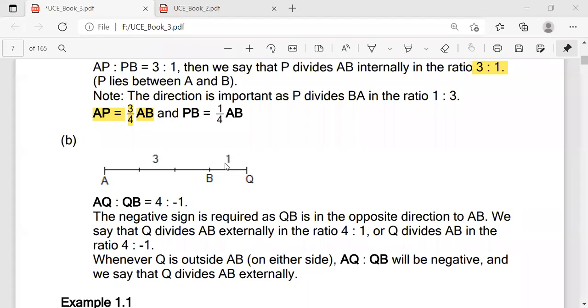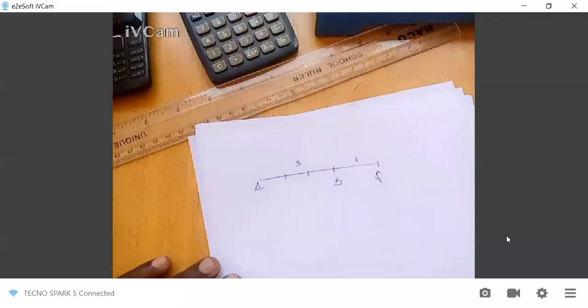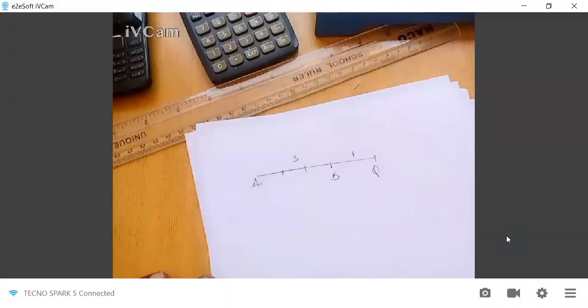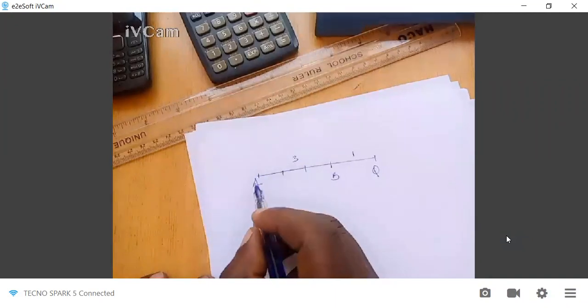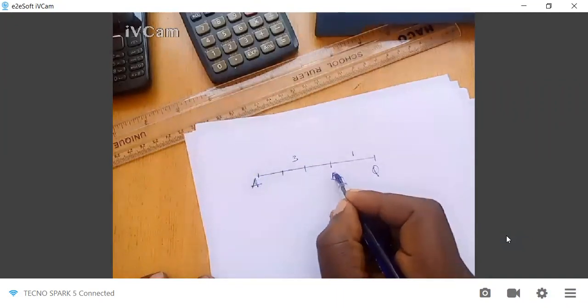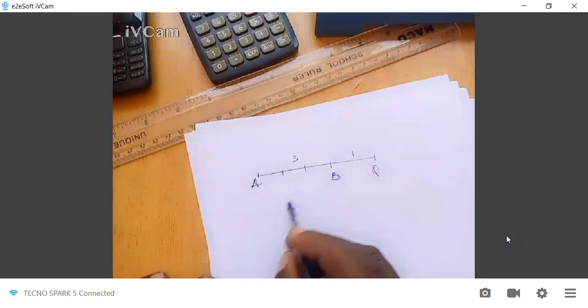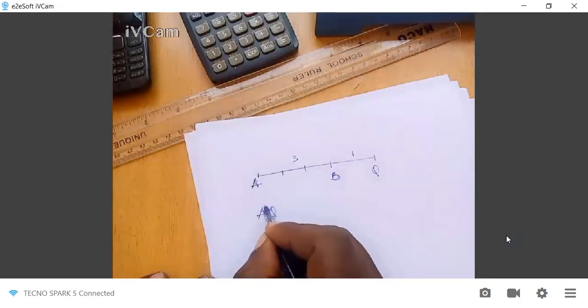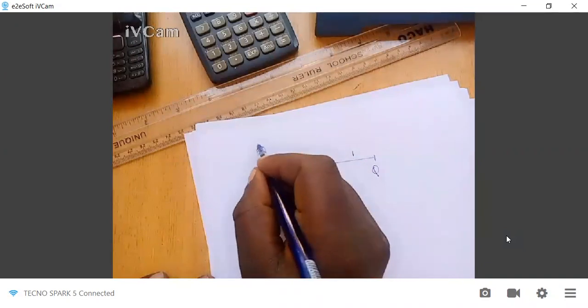Why are we saying that we have changed direction? Let me try to explain from our working space. So we have A, we have B. So AQ, I want you to see the direction of AQ is in that direction.